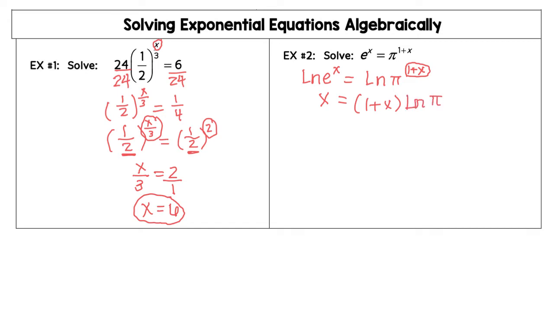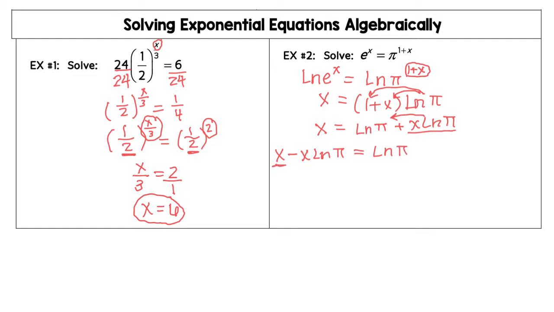Now we're still solving for x, so we're going to have to distribute this into each part. So we're going to have natural log of pi plus x natural log of pi. And since this term has x in it, I'm going to move it over to the other side. So I have x minus x natural log pi equals natural log pi.